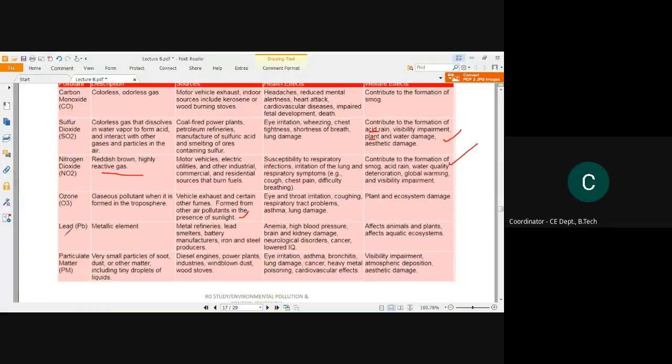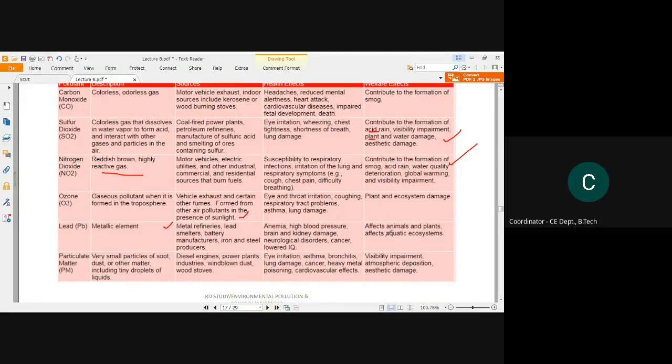Okay, next is lead. As per description, it is a metallic element, and the sources are metallic refineries, lead smelters, battery manufacturers, iron and steel producers. The health effects are anemia, high blood pressure, brain and kidney damage, neurological disorder, cancer, and lowered IQ level.